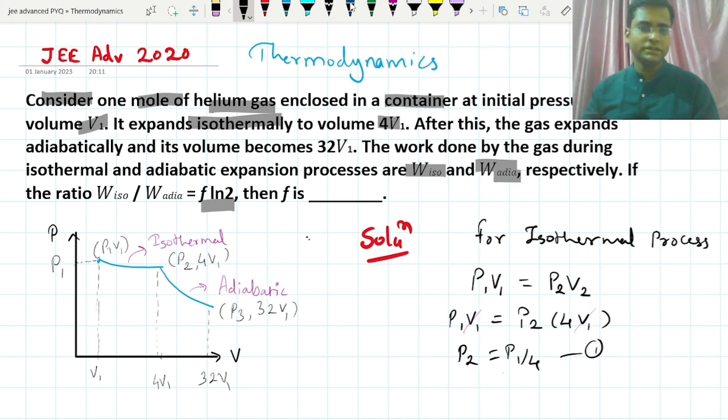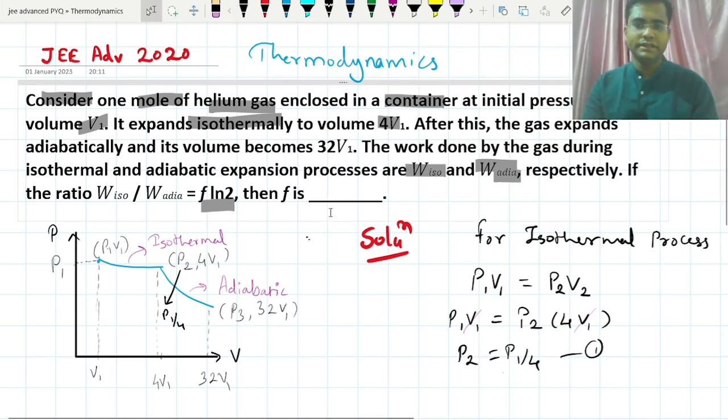Let's call this equation 1, and let me mark that value here. This P2 is P1 by 4, and on this axis also you can mark it as P1 by 4. Now P3 we can also find using PV raised to gamma equal to constant for the adiabatic process.